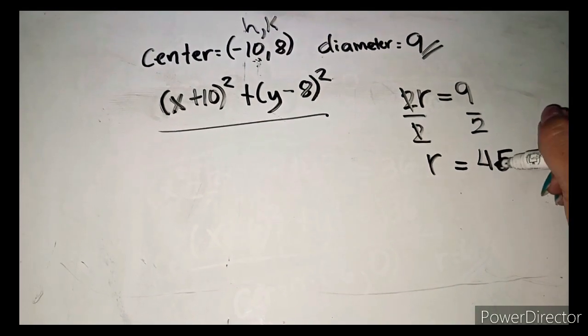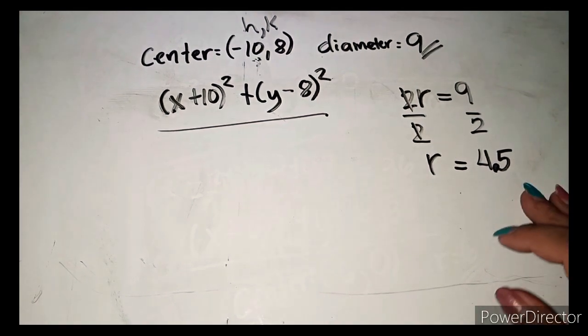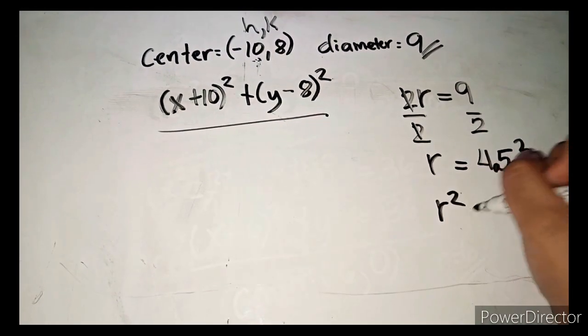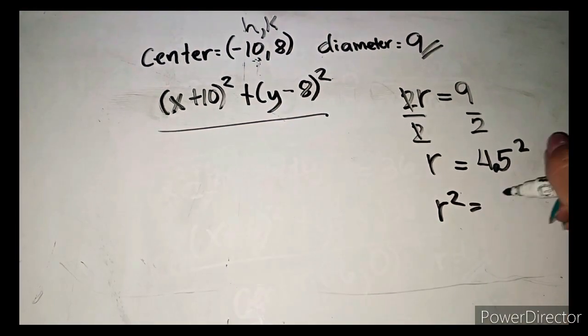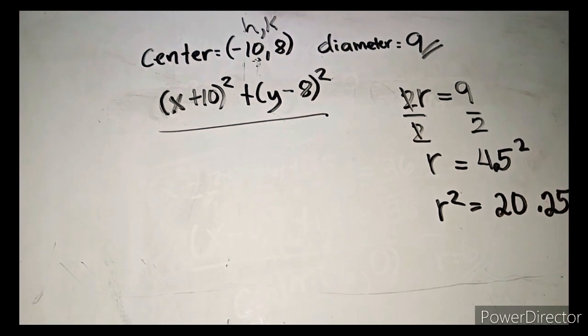Okay? So, si 4.5 po is only the radius. Pag binalikan natin yung ating standard form, ang equation ng circle, naka-r squared po siya. So, paano natin gagawing r squared to? So, i-square lang po natin si 4.5. So, si r squared ngayon ay 20.25.